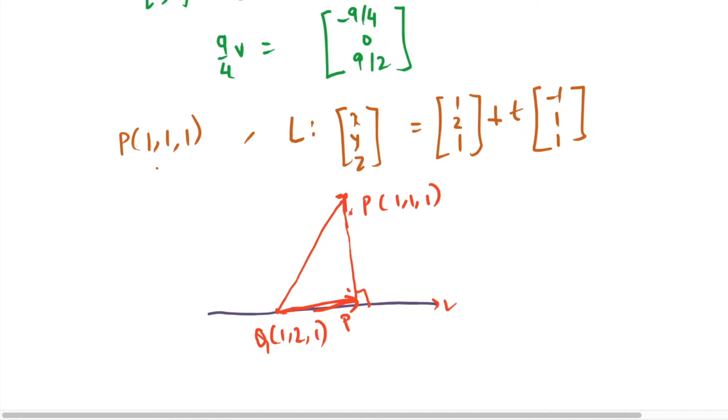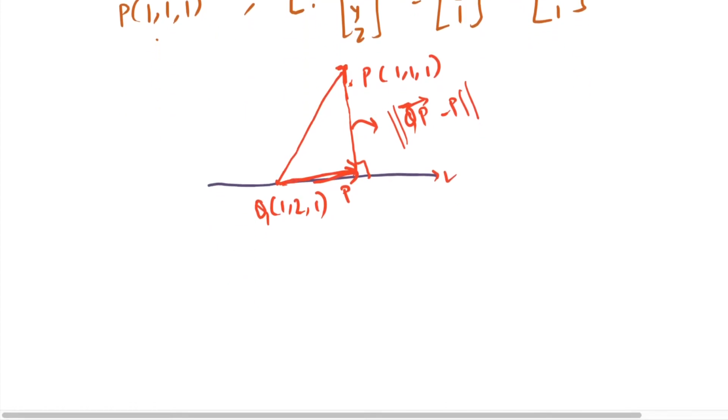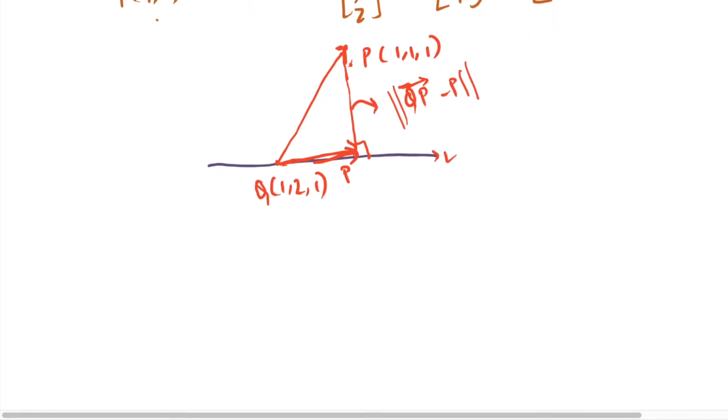This vector p will be my projection, and this vector will be vector qp minus p. And the distance of the point p from this line is going to be the length of this vector.